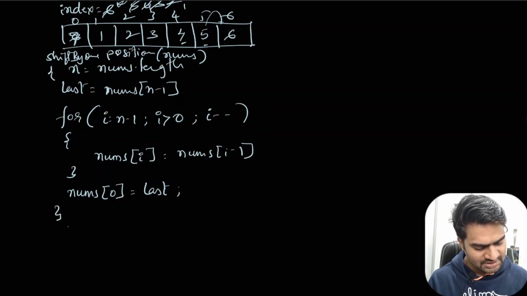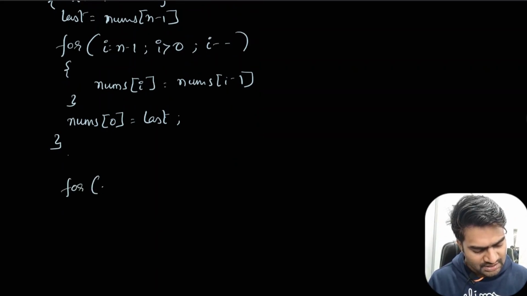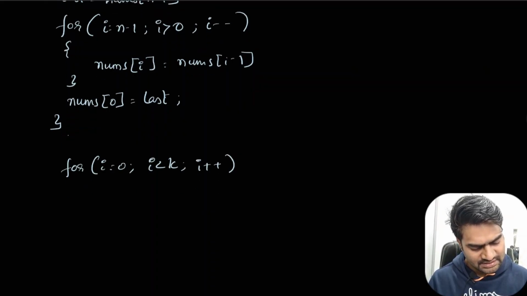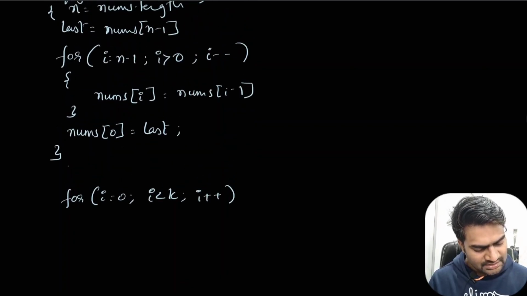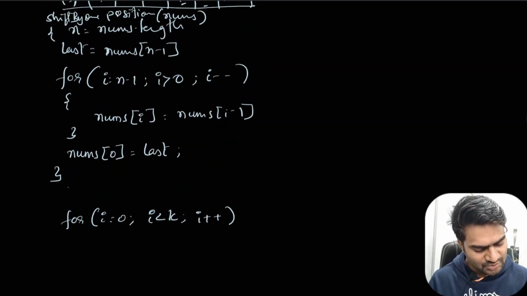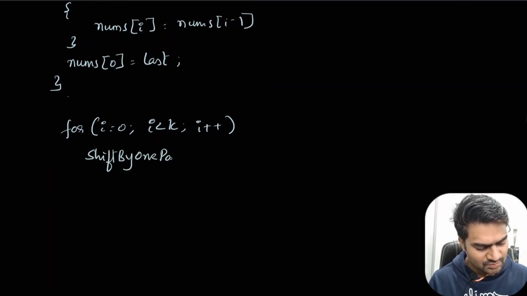This is one method. Now what I will do, I will use another for loop for I equal to 0, I less than k, I plus plus. Then what I will do, I will call this particular method shift by one position, and I will pass my nums array.